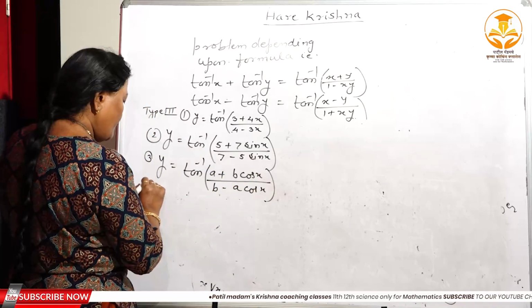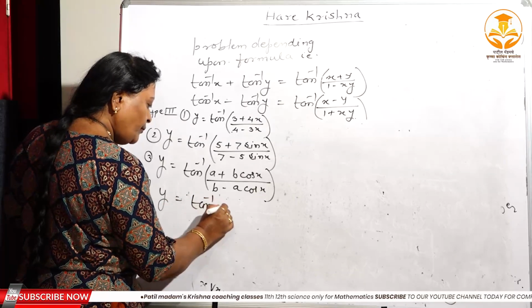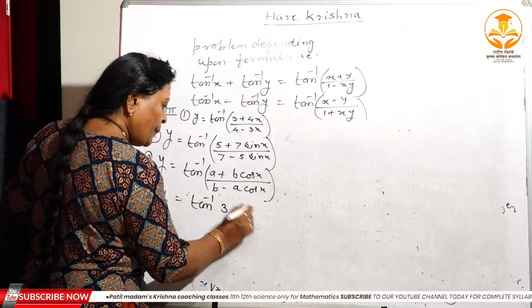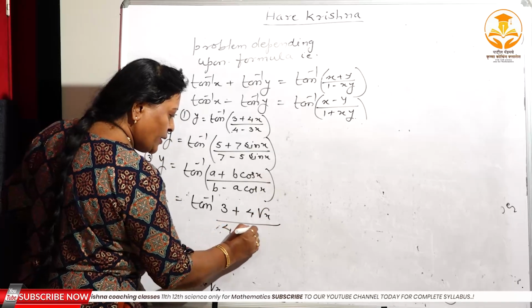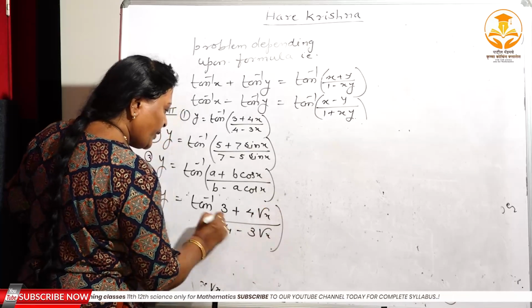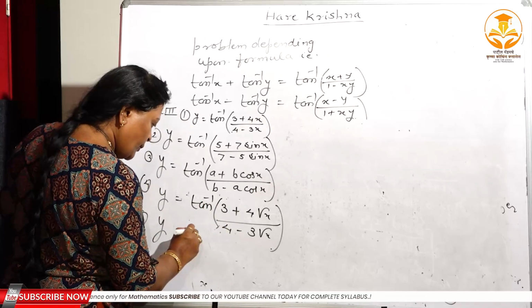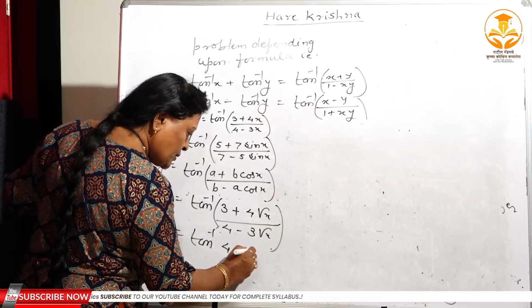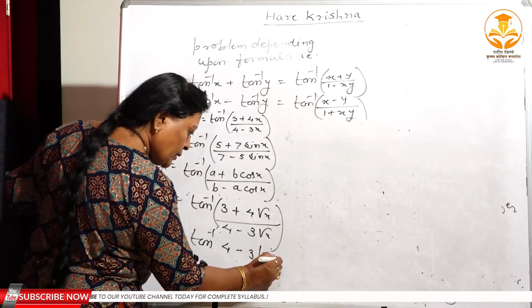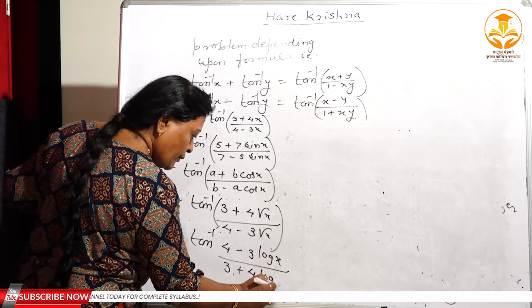Right? Again, fourth one, y is equal to tan inverse of 3 plus 4 root x divided by 4 minus 3 root x. And here again the last, fifth one, y is equal to tan inverse of 4 minus 3 log x, again 3 minus 4 log x, 3 plus 4 log x.